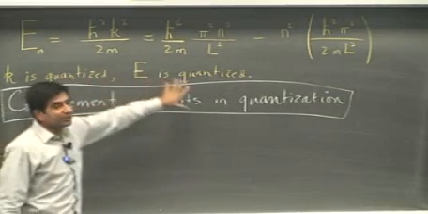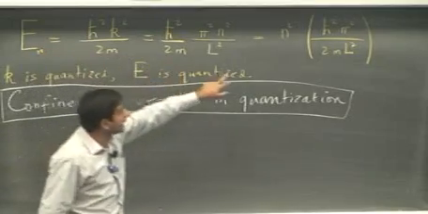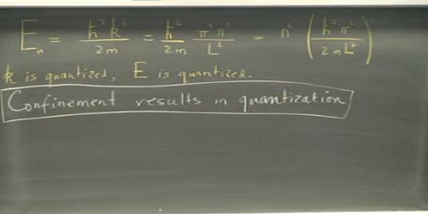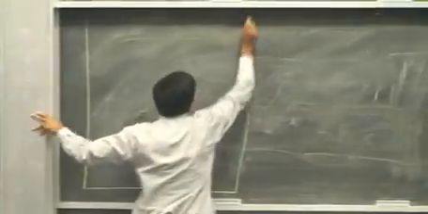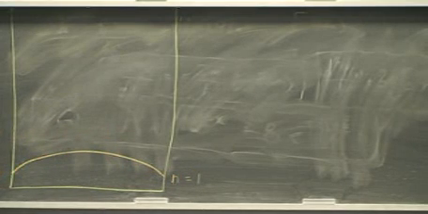So now the energy is quantized, the wave number is quantized, and the energy is proportional to n squared. So if I plot the potential well here, and I plot a big well now, the lowest energy state, n equals 1, corresponds to a wave of this kind.